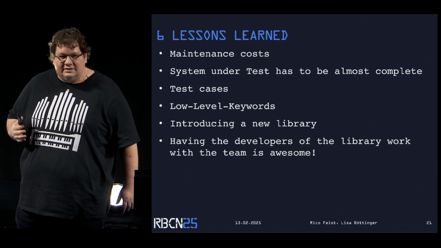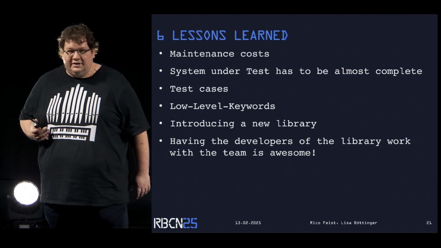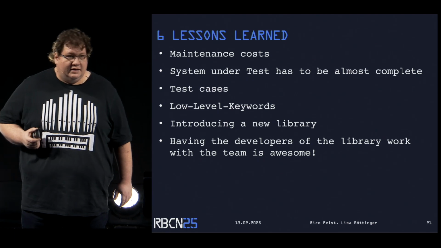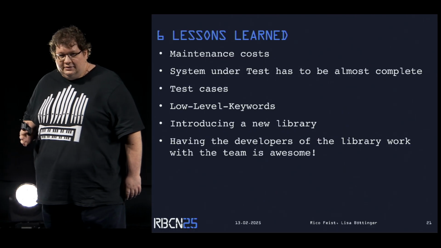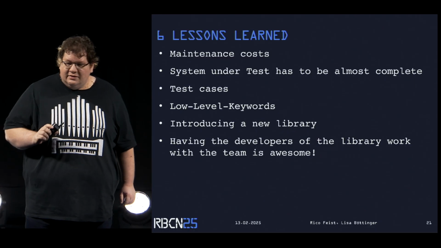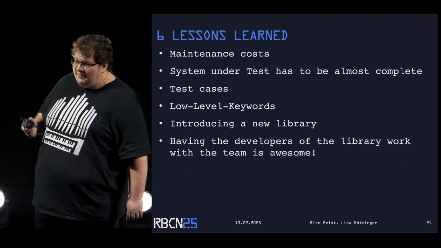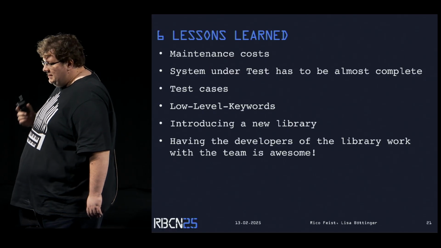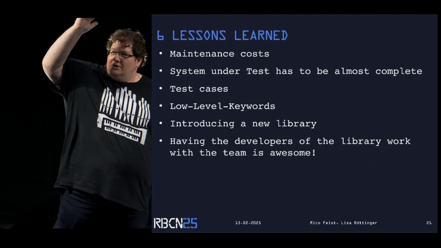And that means that introducing such a new library is a task for the whole team. Everyone needs to be on board with that and must be eager to learn about it. And last but not least, having the developers of the library work with the team is really awesome. It's so nice and so good to have the one and only Daniel on speed dial.